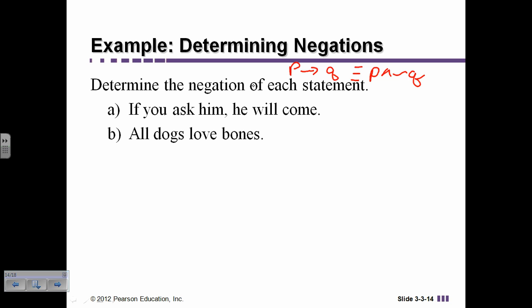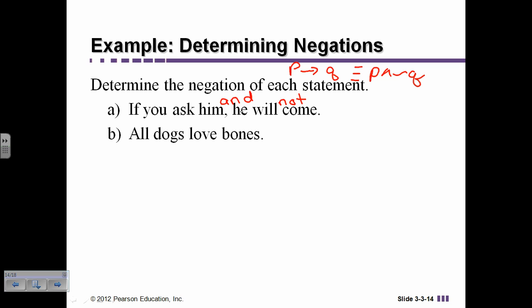So if I want to negate this statement, I can rewrite it with the word and, and I can negate the Q portion of the statement. I would be putting the word and in between him and he will come, and changing he will come to he will not come.